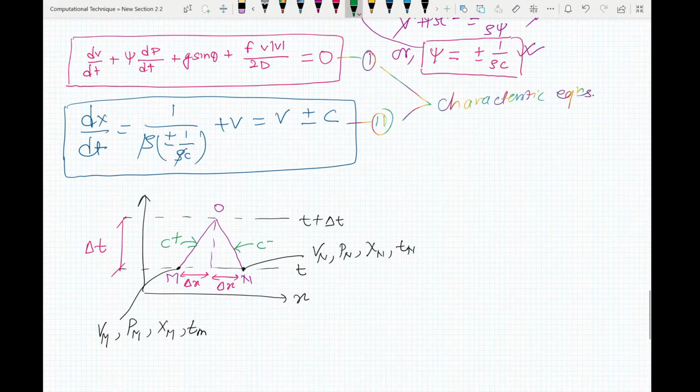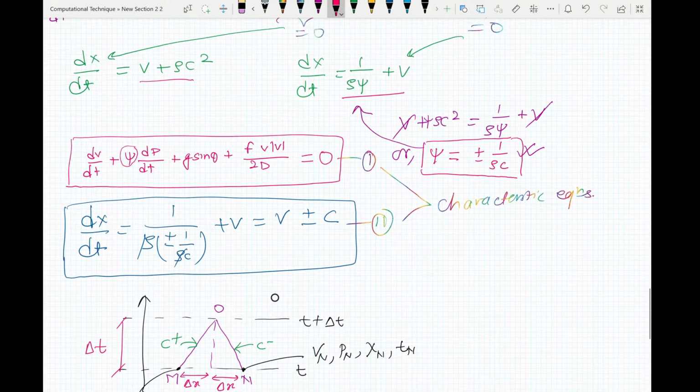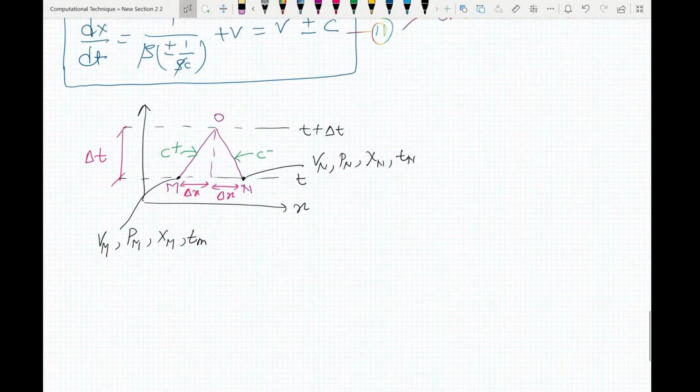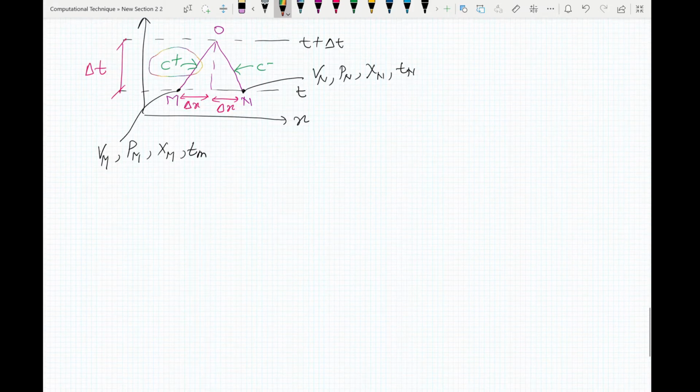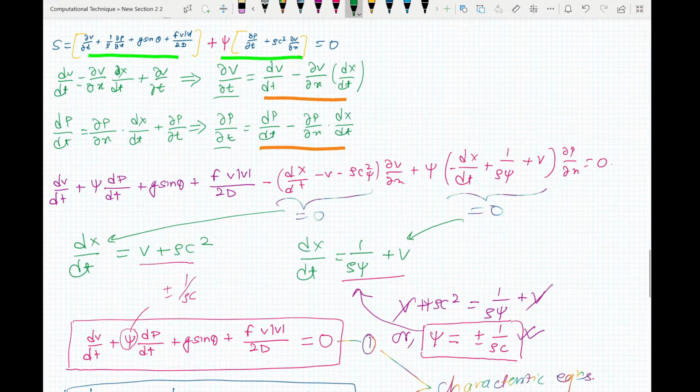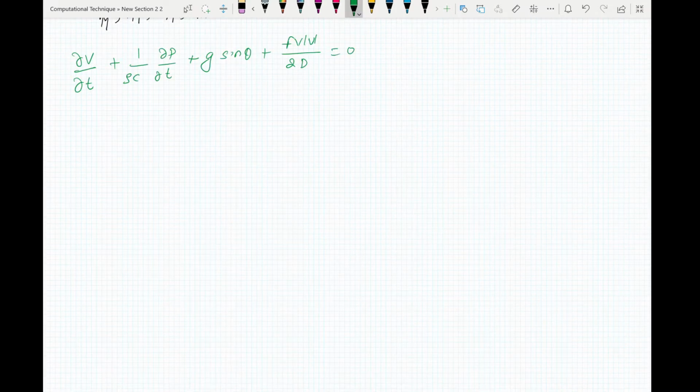Now you can see here, you can replace your phi with plus minus 1 by rho c. Now for this case, if you look into the characteristic line with the positive slope, this one, then you can write your momentum equation as, you can see here that we have taken phi equals plus 1 by rho c.